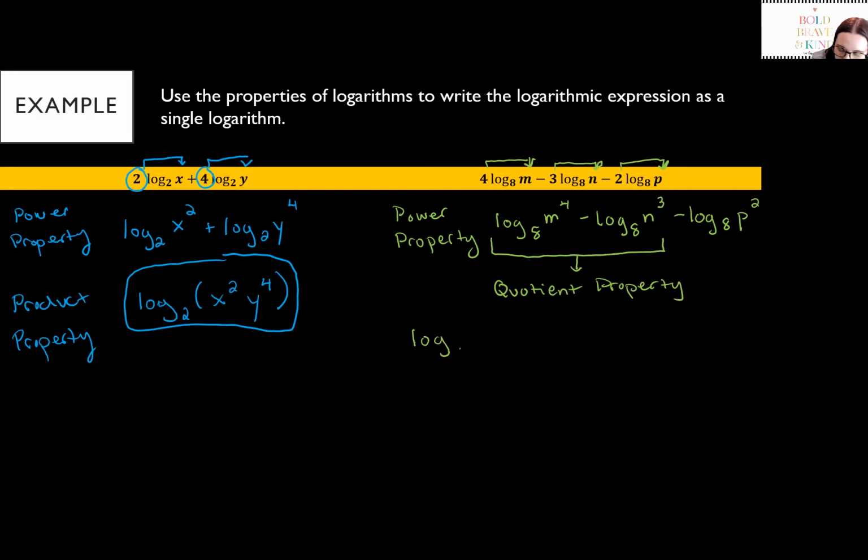So we're going to have log base 8 of m to the fourth over n cubed, because it's the first thing divided by the second thing, much like it's first minus the second. And then I still have this log base 8 of p squared after that. So we needed to combine the first two things.